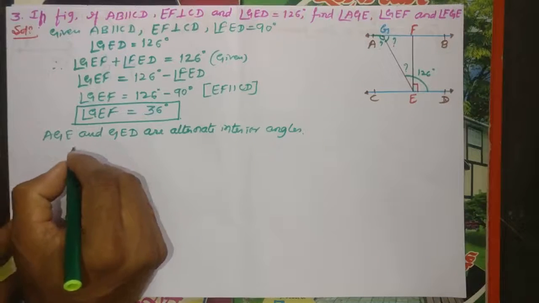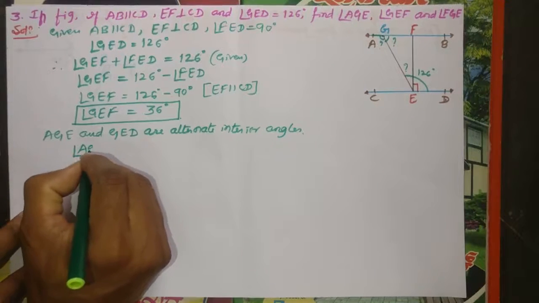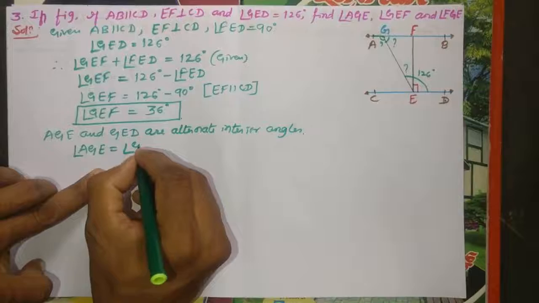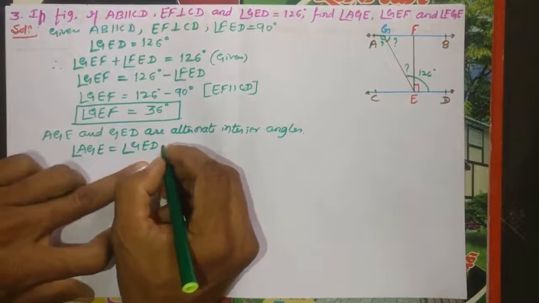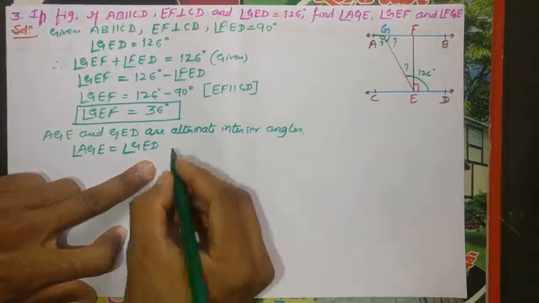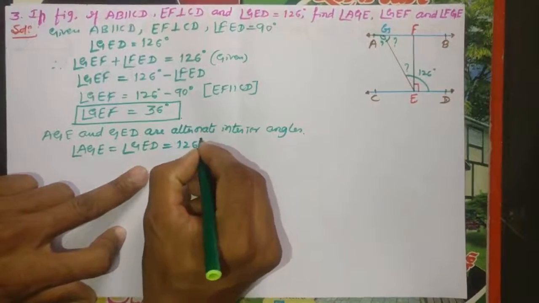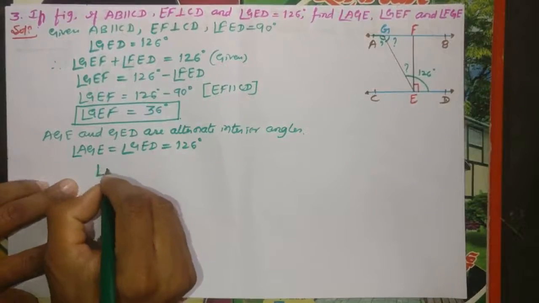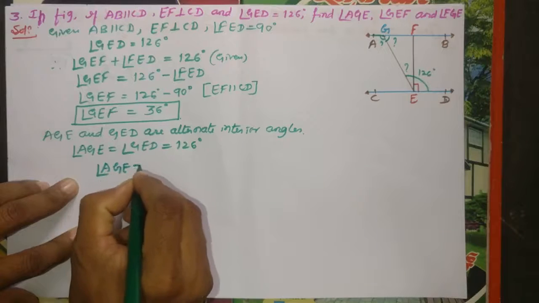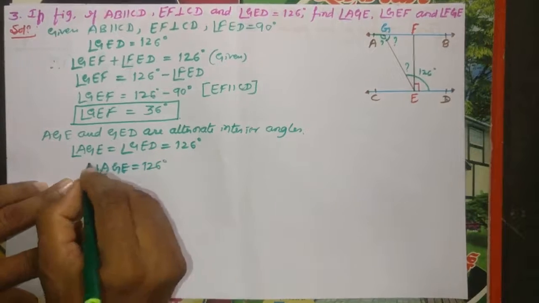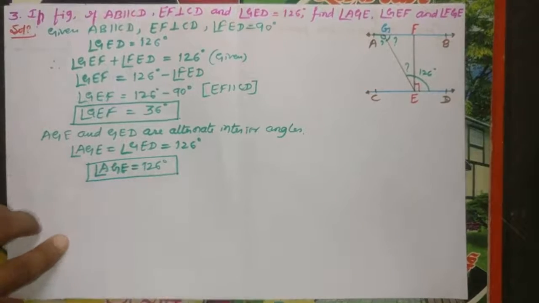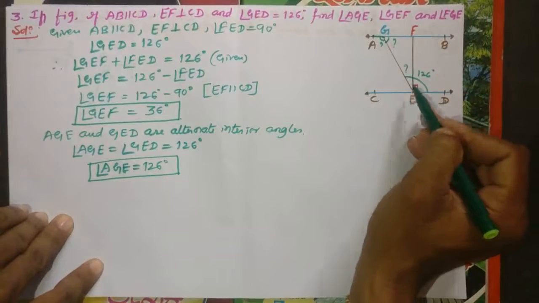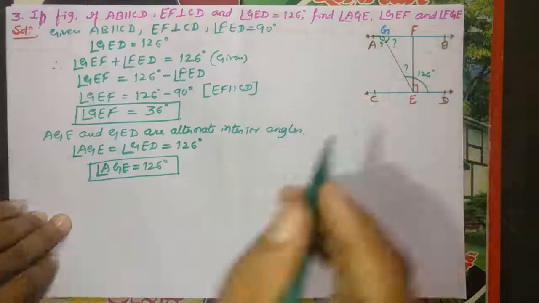Therefore angle AGE is equal to angle GED, that is 126 degrees. This also we proved here. Angle AGE is also equal to 126 degrees. However, AGE plus FGE is a linear pair, which is equal to 180 degrees.